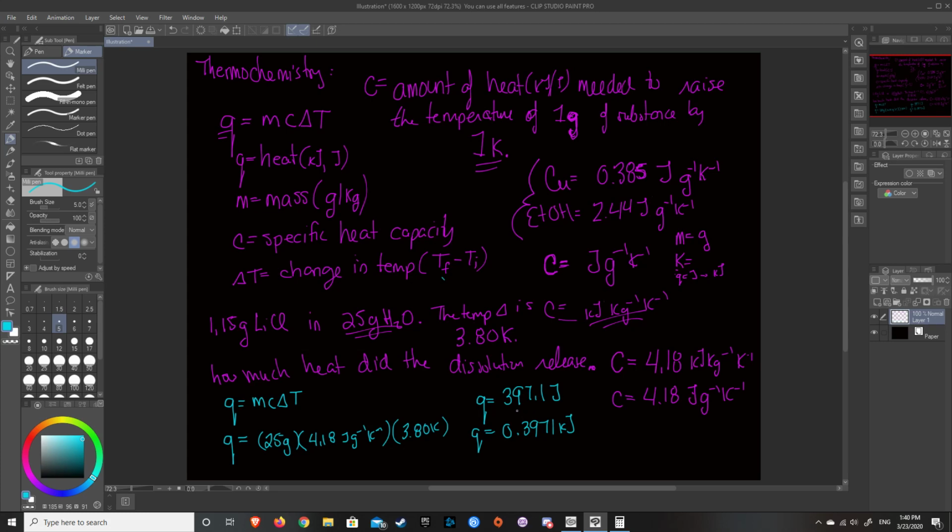How much heat was absorbed or released when dissolving lithium chloride? What we saw is that we had a temperature increase, so we know that this much energy was released into solution.